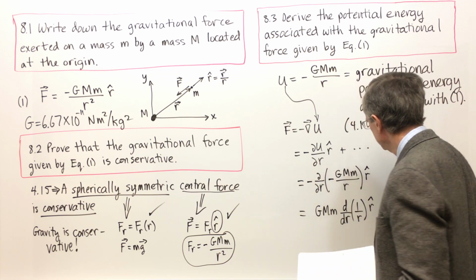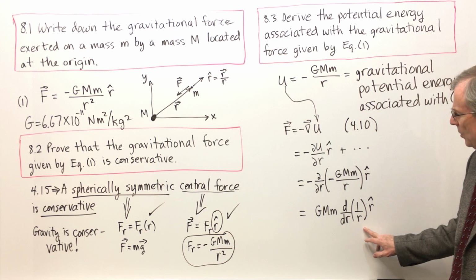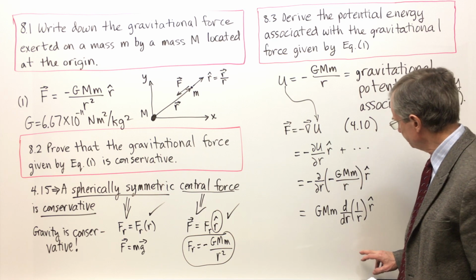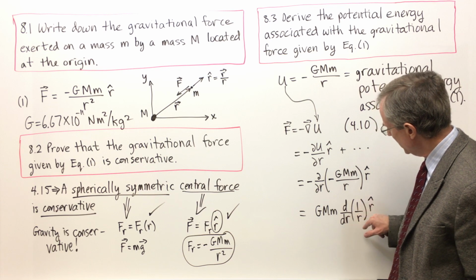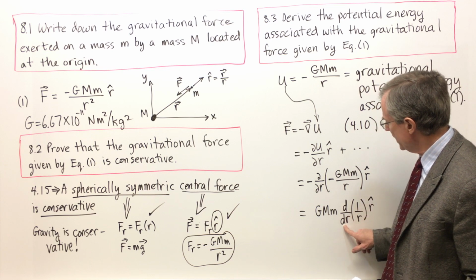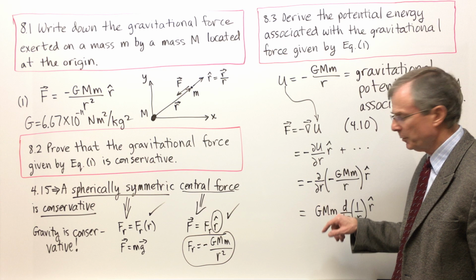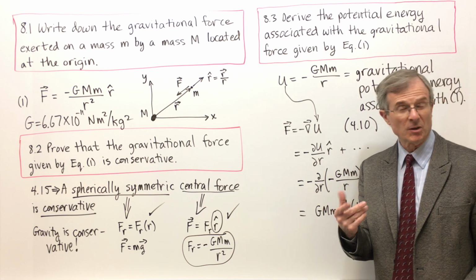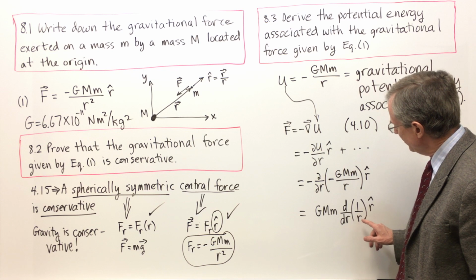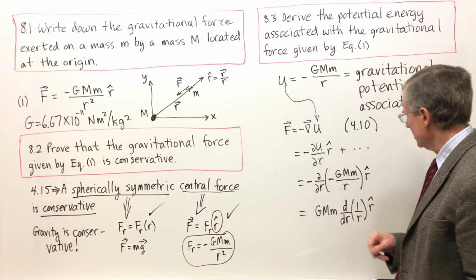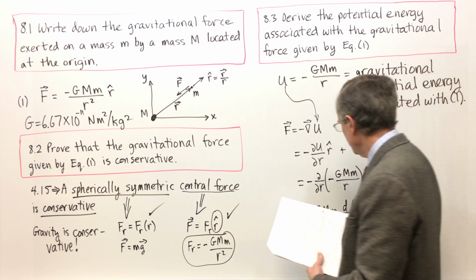Well, you can all take that derivative, because that's r to the minus 1. And this is an ordinary derivative now. Don't have to worry about the partials because it only depends on r, not theta and phi. So the derivative of r to the minus 1 is minus 1 times r to the minus 2.